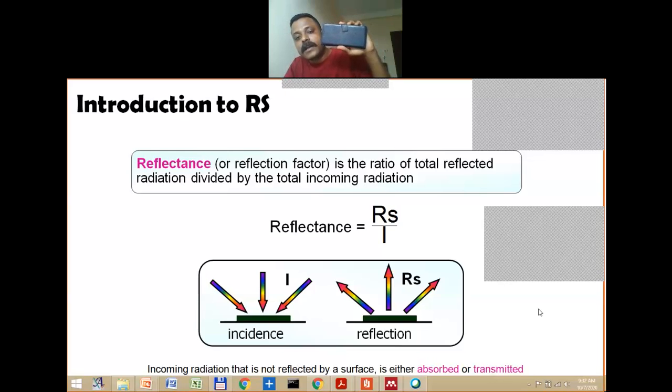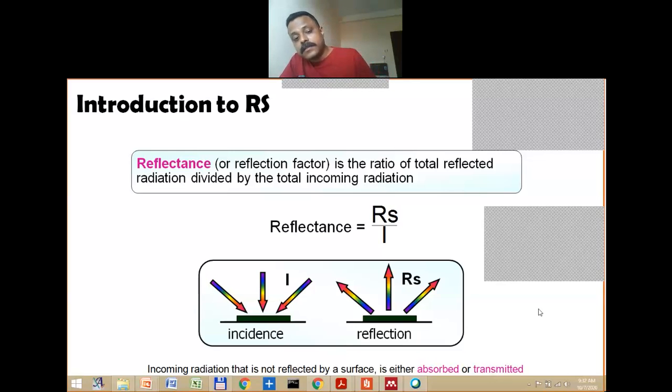So you divide the reflected part by the total part, and you get a number which is normally dimensionless, because the units cancel each other. So reflectance is ultimately the ratio. You can talk in terms of ratio, or if you multiply it by 100, you will get the percentage. So why is this important?